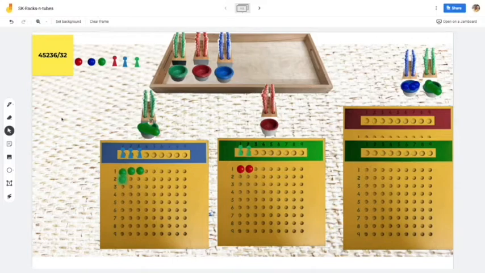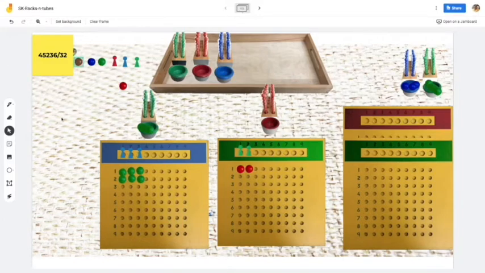And continue distributing among the skittles. We don't have any more hundreds now, but we have 1000. So let us change 1000 to 10 hundreds.